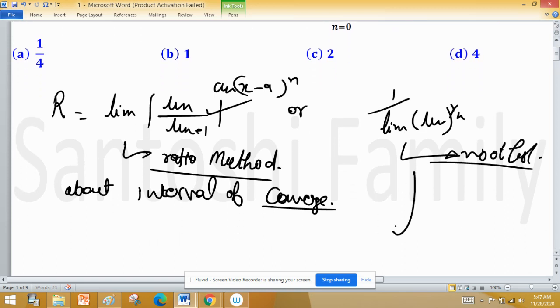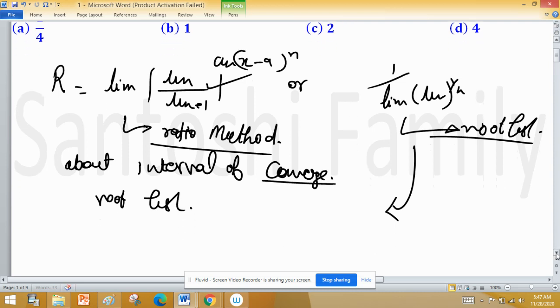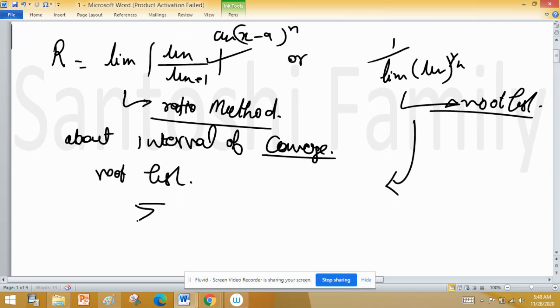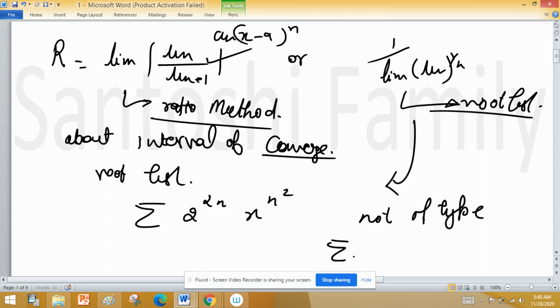So I'm going to use the root test here. Using the root test, as this series is given to us, summation 2 raised to the power 2n x raised to the power n square, it is not of the type summation an x raised to the power n.